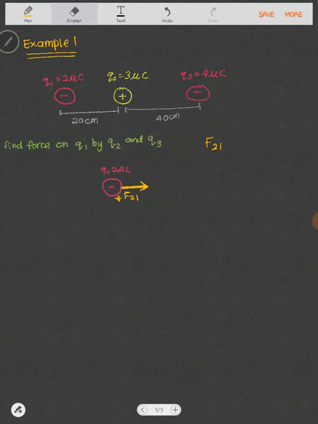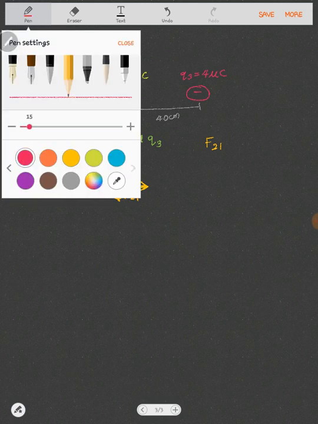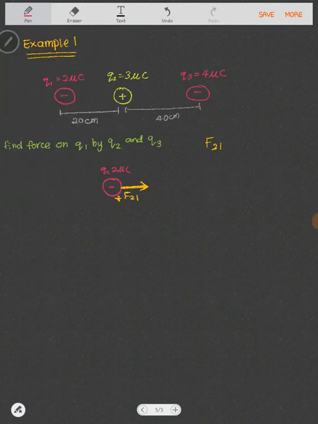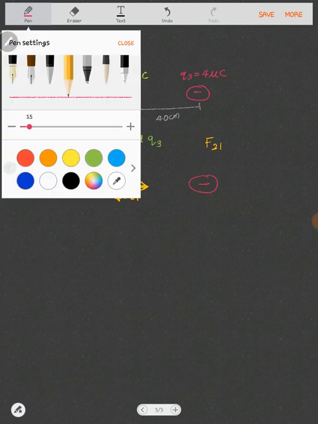Okay, kalau between charge 1 and charge 3 pula, tadi charge 1 and charge 2, so force dia adalah yang warna orange ni. Okay, between charge 3 dengan 1, okay, ni charge 3, tengok tu salah, charge 3 dekat sini kan. Okay, charge 3 which is negative juga, so negative dengan negative, so kita use a different colors, which is the red one lah.